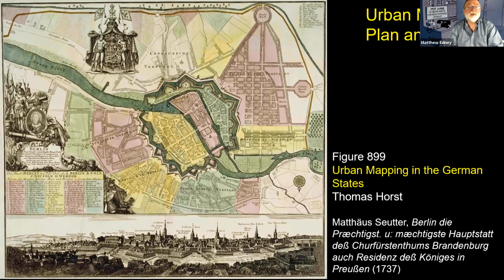And they started building these large, complex, and elaborate what are called residence cities. So here is Berlin, which is the residence of the King of Prussia, a title gained only in 1720.